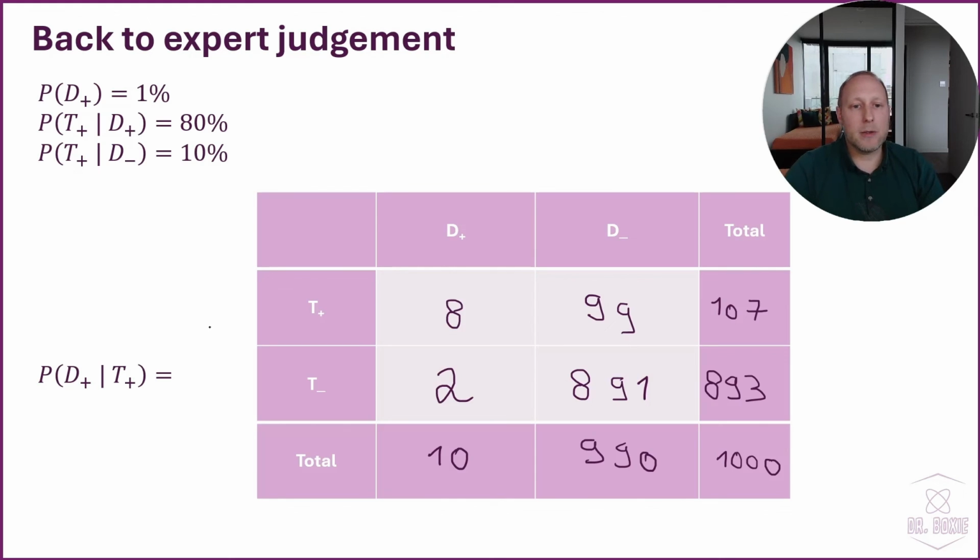Now, when I ask what the probability is of D plus given T plus, what I'm actually asking is, of all those people who get to hear that the test claims they have breast cancer, so that is 107 people, how many actually do have breast cancer? And those are only 8 of them. And so what we find is this result, and that is the same 7.5% that I showed you on the previous slide.